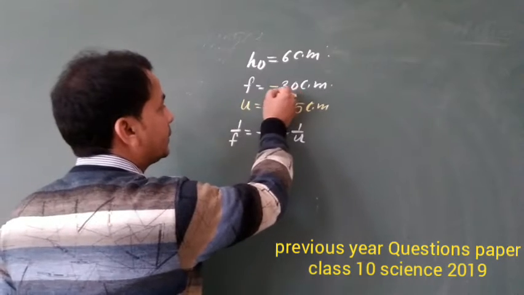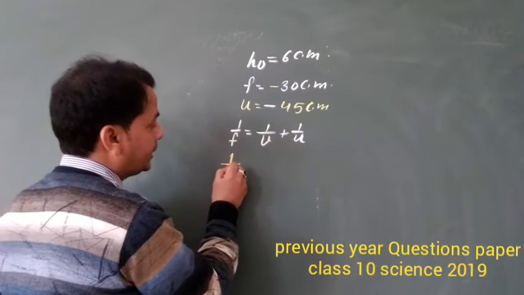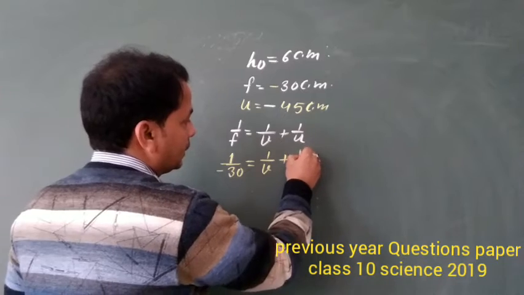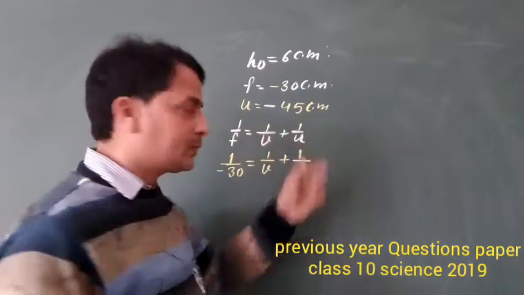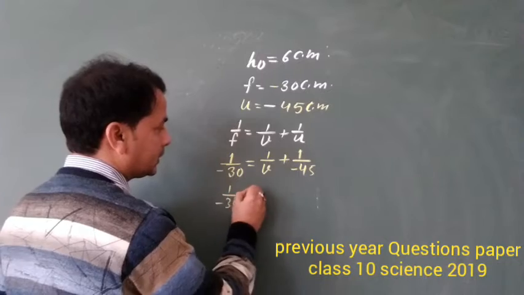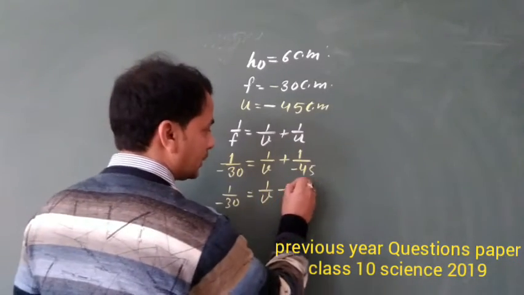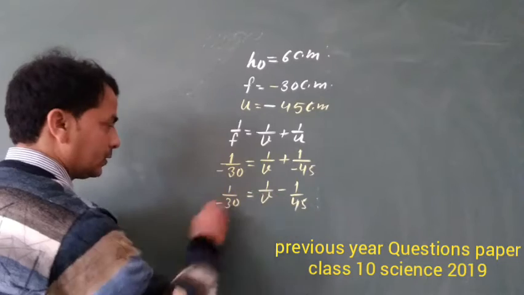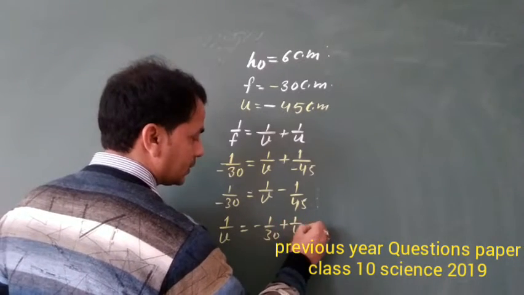The value of focal length is minus 30 centimeter, so 1 by minus 30 equal to 1 by v plus 1 by u. Here u means object distance, which is minus 45 centimeter. So 1 by minus 30 equal to 1 by v plus 1 by minus 45. Transposing the value of 1 by 45, 1 by v equal to minus 1 by 30 plus 1 by 45.